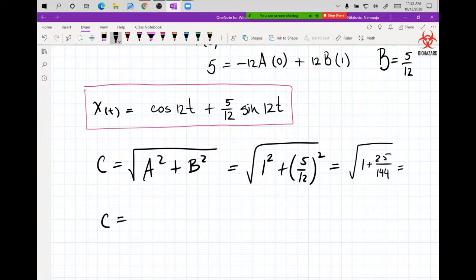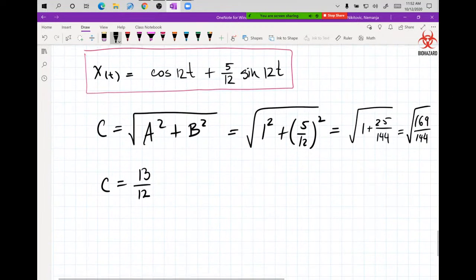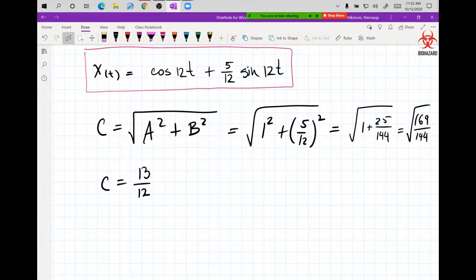Okay, so square root of 169 over 144, and that turns out to be 13 over 12. This is a really nicely worked out problem. So we actually have all these numbers work out without decimals and stuff like that. So that's awesome. And I think I'm done here.